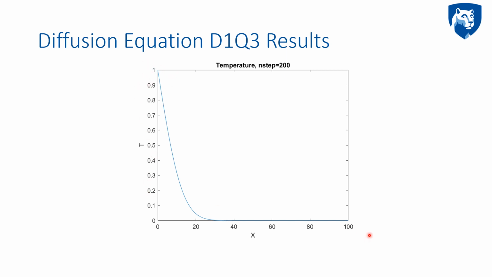We can see that at x equals 0, the temperature is 1 because that is where the heat source is, and the temperature at x equals 100, or the other end, would be the least affected by the heat source. So yeah, this example should give you the idea of how the lattice Boltzmann method actually works to solve heat diffusion.